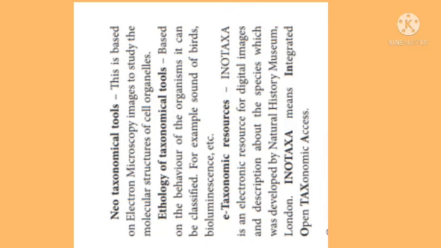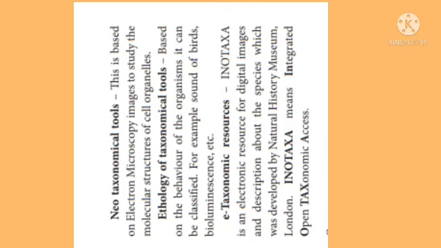Then the characteristic features of living things, the need for classification: to identify the organisms, to know about variation among organisms, to understand the evolutionary relationship of organisms, to draw a tree on the basis of evolution. Next, taxonomy and systematics. Then the three domains of life.